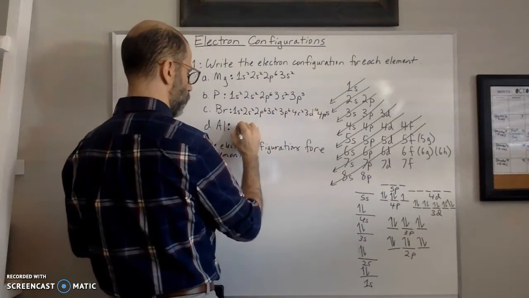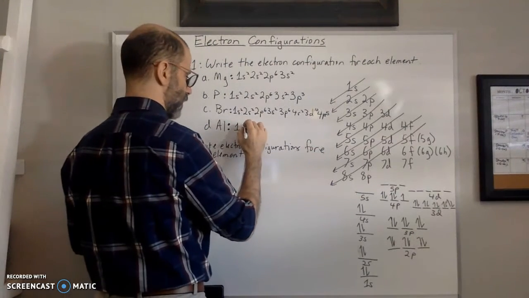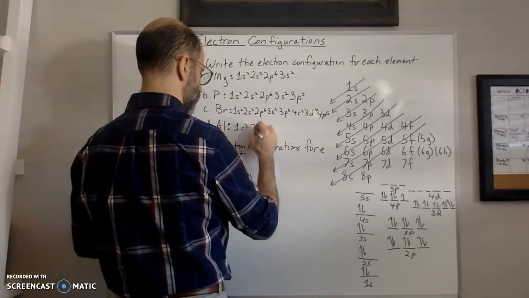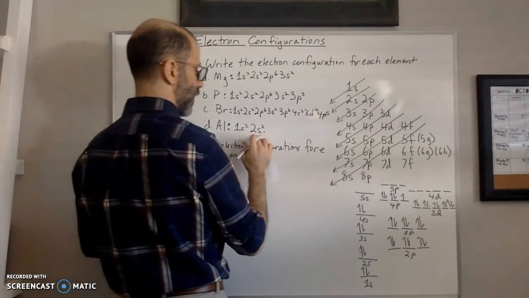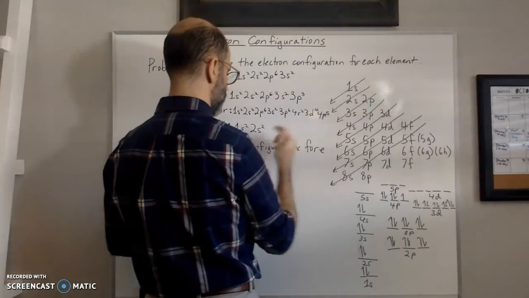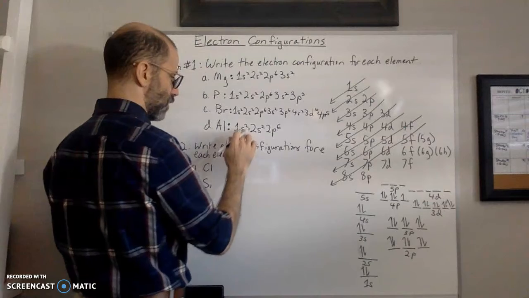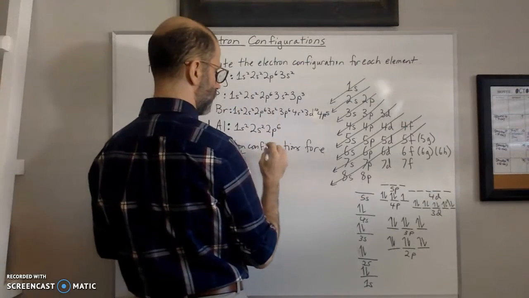So we're going to start with the 1s. It has a maximum of 2 electrons, so we put a 2. Next is the 2s. We're going to put in 2 electrons there. So next is the 2p, and we're going to have 6 electrons there. 2 and 2 and 6 is 10. So we have 3 more electrons.